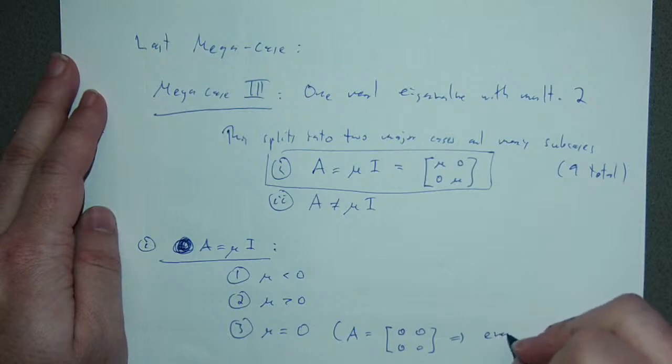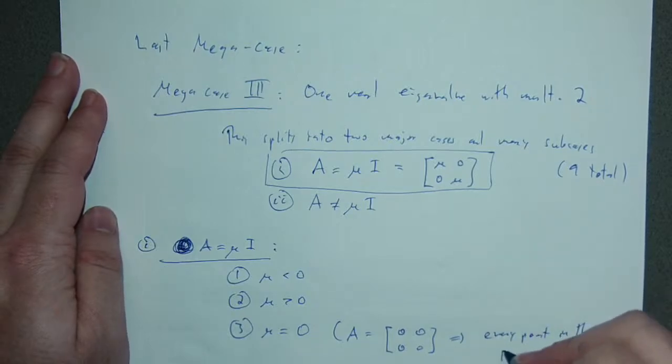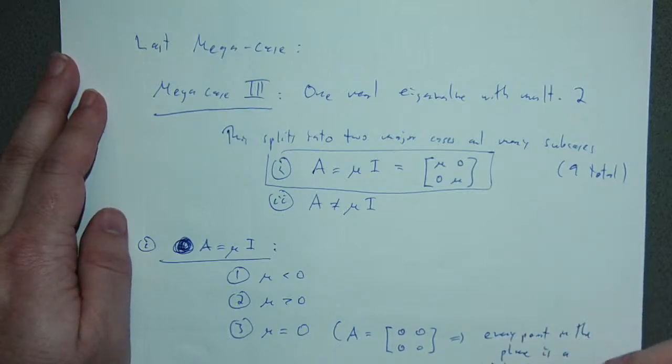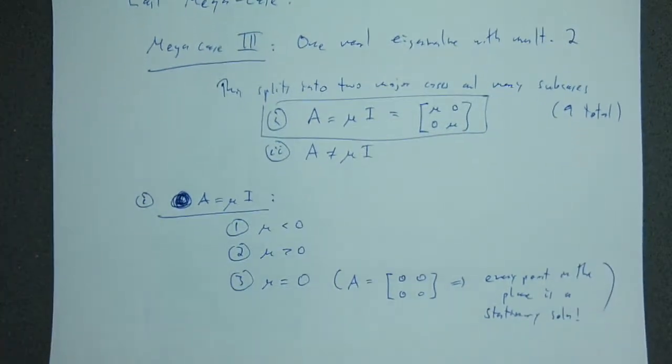So every point in the plane is a stationary solution. So there's no picture to draw in this case. There's no picture to draw. Why? Well, because every single point in the plane is a stationary solution. There are no trajectories. Each point is its own trajectory.